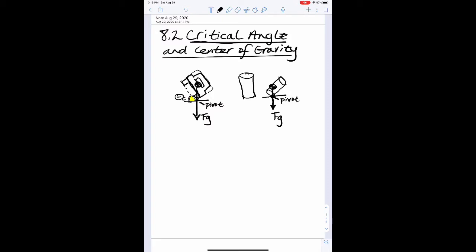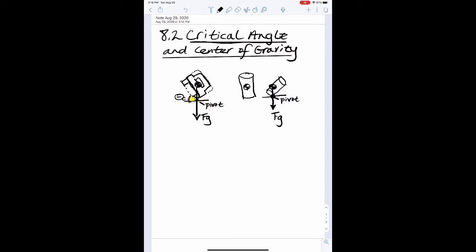And it's an important angle because if you go past it, then this center of gravity, where I drew this symbol right here in the middle, our symbol for center of gravity, drawn on the pop can over here and on the car over here, has to stay over the pivot.